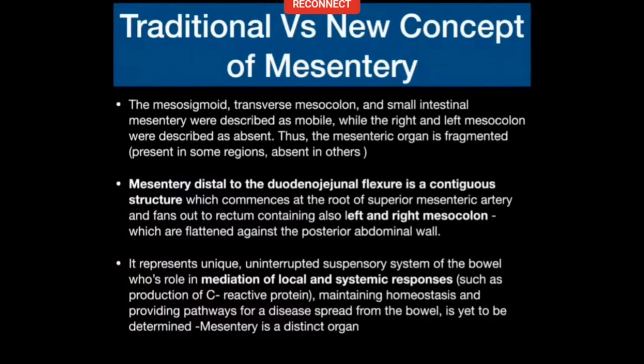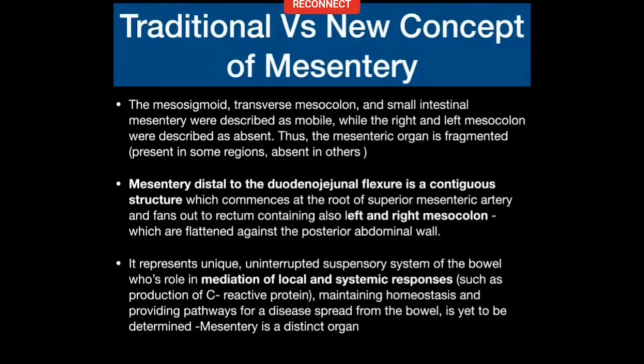So what is the mesentery? The mesentery, like I told you, is something that suspends stuff from the posterior abdominal wall. So earlier the concept was that there are only three mesenteries: the small intestine mesentery, the transverse mesocolon, and the mesosigmoid. And they said that these three are separate and fragmented. But now the concept is that the mesentery is continuous from the DJ flexure down to the rectum.